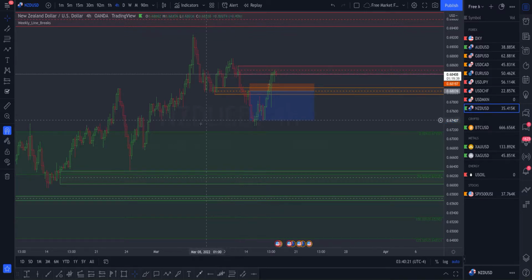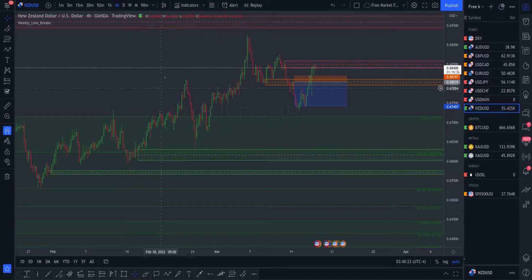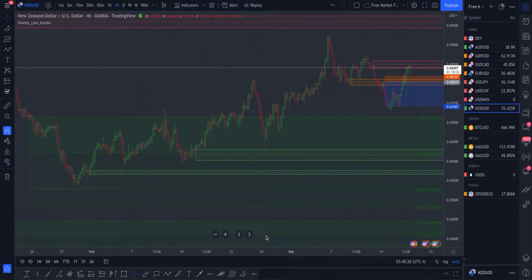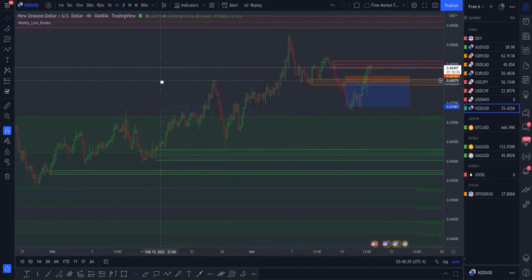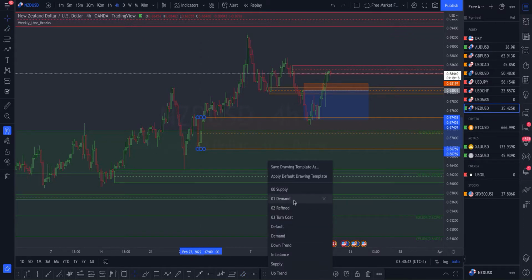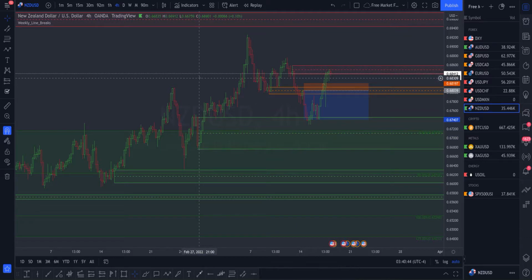Well, it did. It wasn't an unmitigated 4-hour zone, but it was previously mitigated. I'm going to draw this out here for you guys so you can see. Okay, you guys can see where this zone was already mitigated, so that's why I did not draw it out.